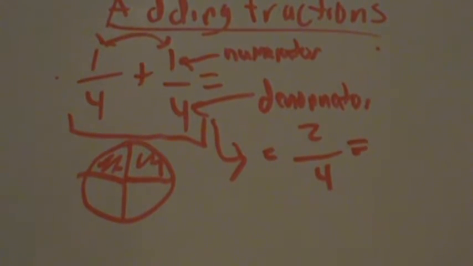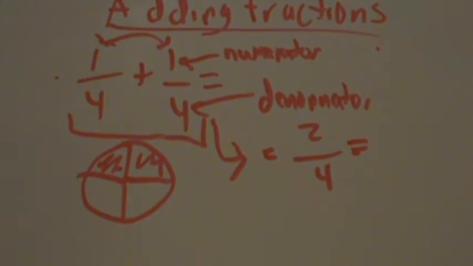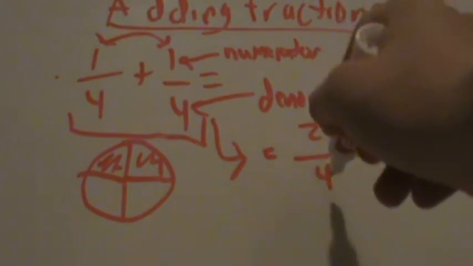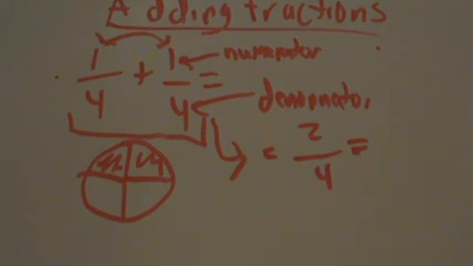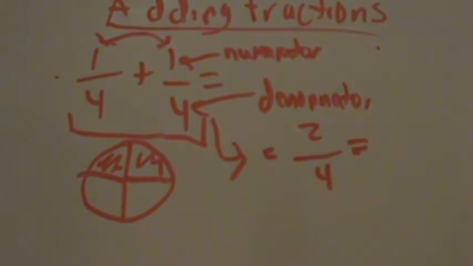So we know that this can be reduced, right? Because each one of these numbers shares a divisor in common. And what would that divisor be? You want a divisor that will not give you a remainder.